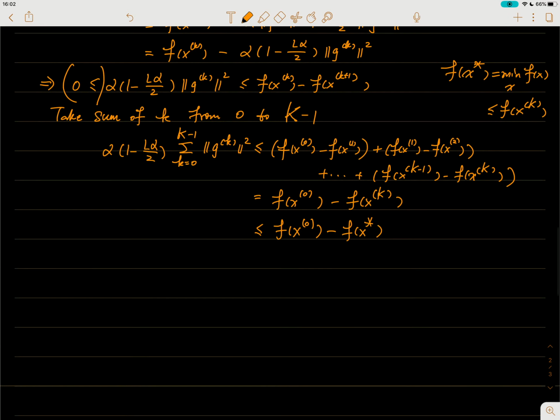On the left-hand side, I have the sum of gk for the first K terms. So I keep the constant here. This term must be bigger than K times the minimum value ever seen.